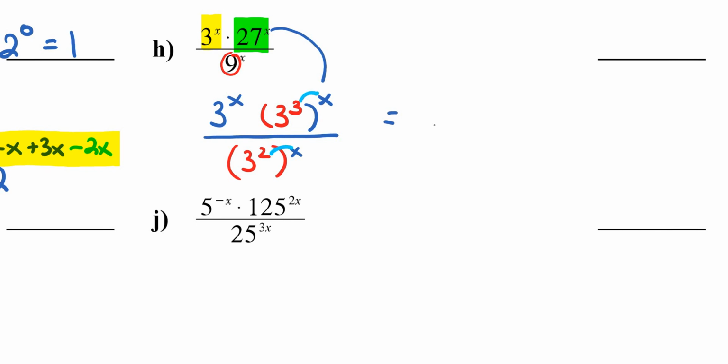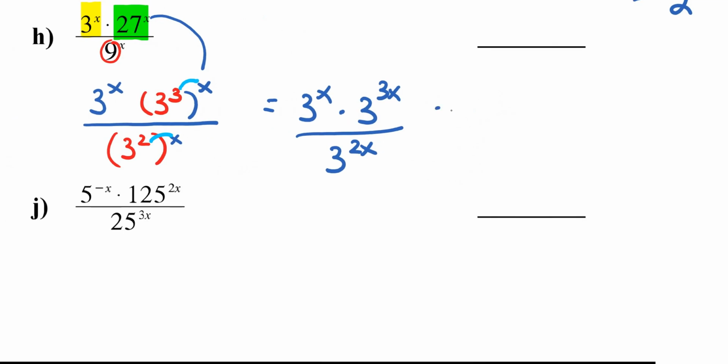So I get 3 to the power of x times 3 to the power 3x, all divided by 3 to the power 2x. From here, you just add the tops. x plus 3x is 4x, and then minus the 2x, so 4x minus 2x is 2x. So 3 to the power of 2x is my final answer for that one.